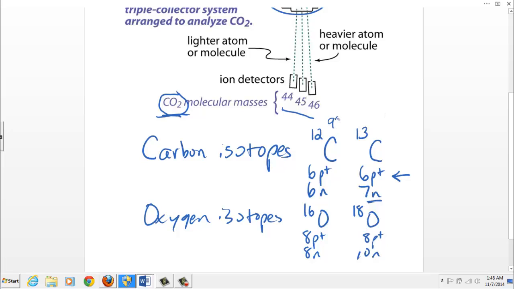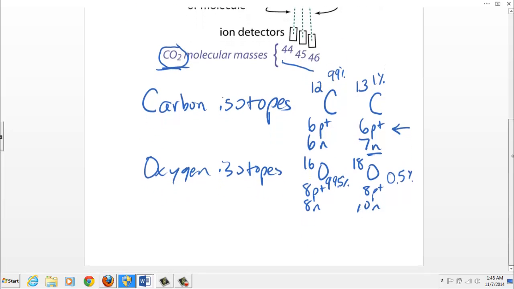It's about 99% carbon 12 and about 1% C13, and about 99.5% oxygen 16, and about 0.5% oxygen 18. And so where are these mass values coming from?